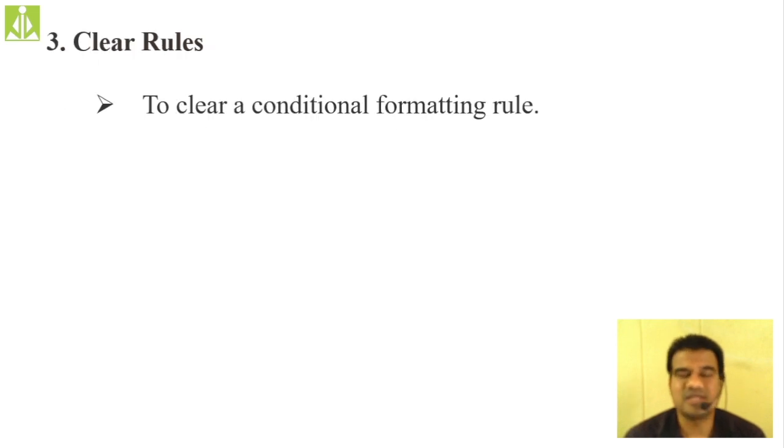The next thing is clearing the rules. We said if we apply more than one rule on the same list of data, sometimes it becomes clumsy and ambiguous to understand. So generally, before applying the second conditional formatting, let's remove the previously existing conditional formatting, and we do that with the help of clear rules.